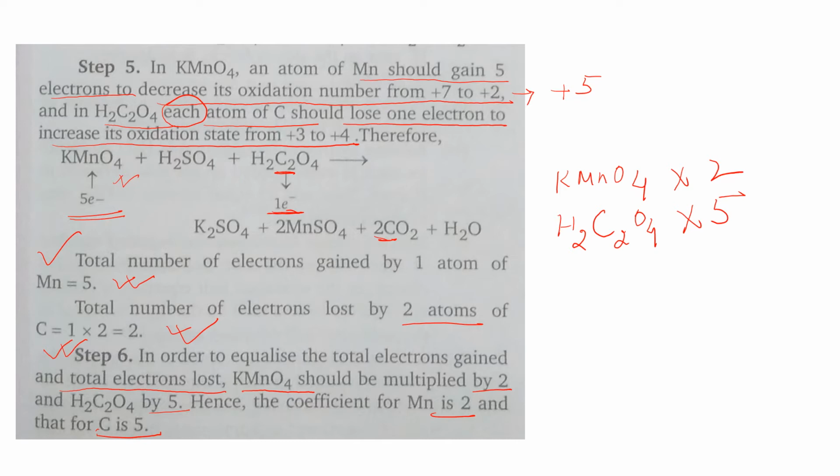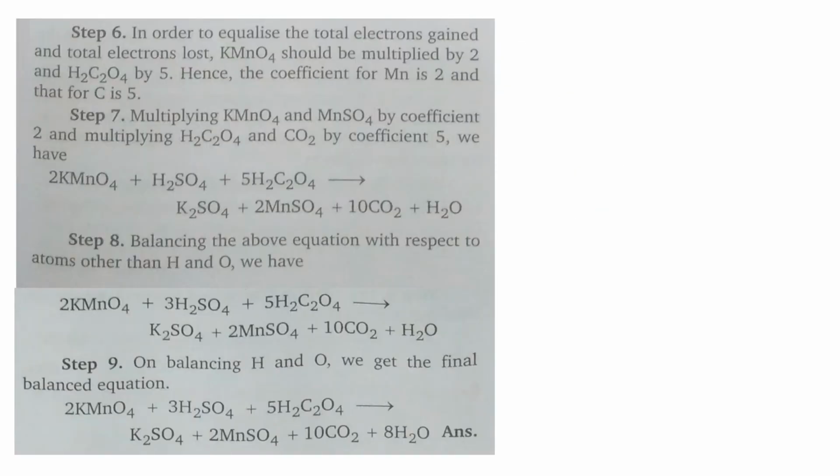Next, step number 7. This step number 6 we have already done in the last slide, so already we have discussed it. Now step number 7: multiplying KMnO4 and MnSO4 by the coefficient 2 and multiplying H2SO4 and CO2 by coefficient 5, because we have got these coefficients.